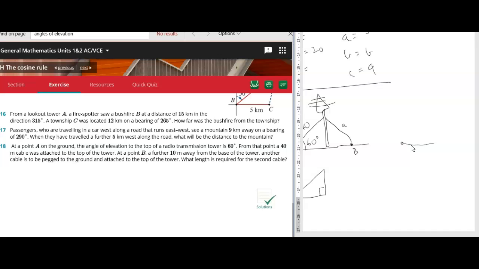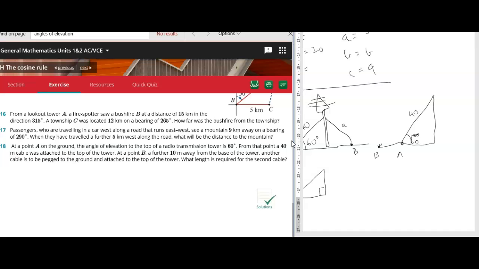So point A on the ground, the angle of elevation to, so we'll call that the tower. So angle of elevation goes from the horizontal up. Oh, sorry, that's not 120, that's 60. From that point of 40 meter, okay, so we'll go with 40. At point B, a further 10. So I think B is here.